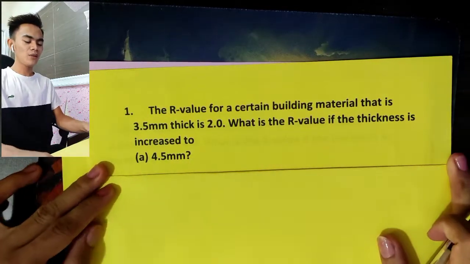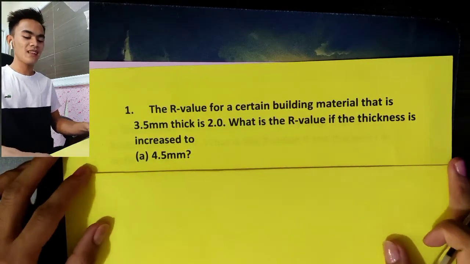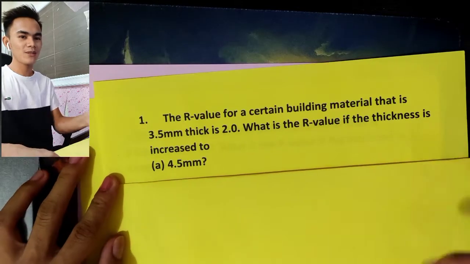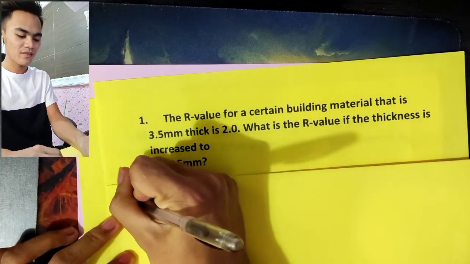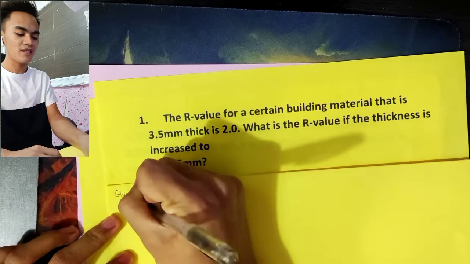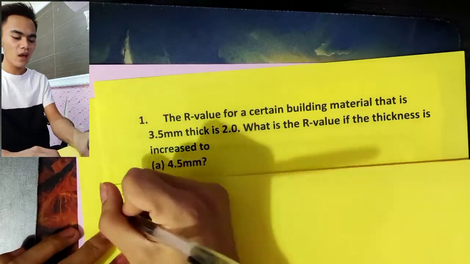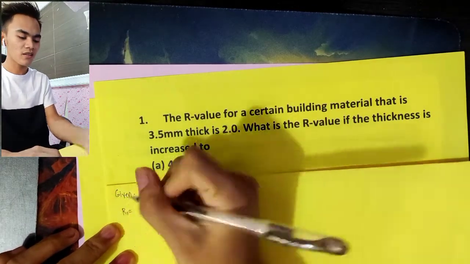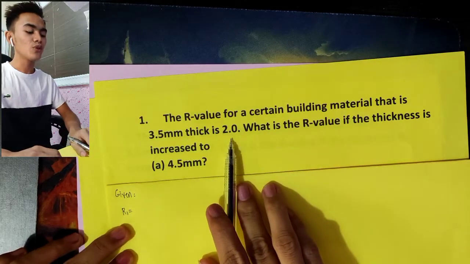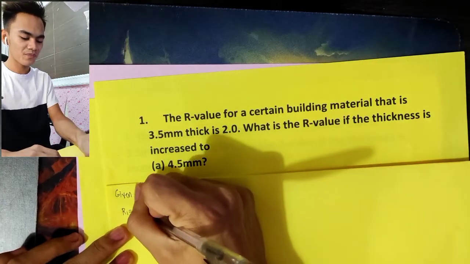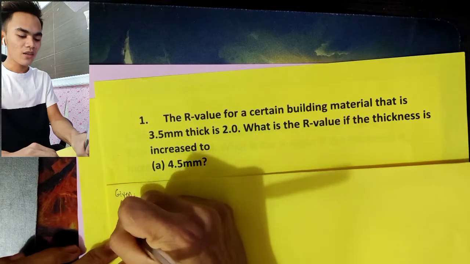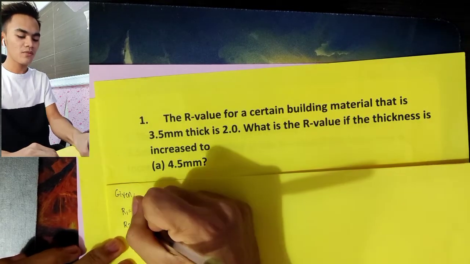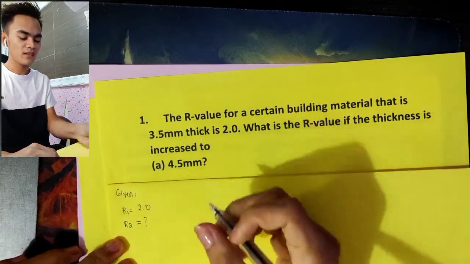First, in order to solve the problem, let's identify the given values. First, we have R1 equal to 2.0. The R2, or the R value, is missing.